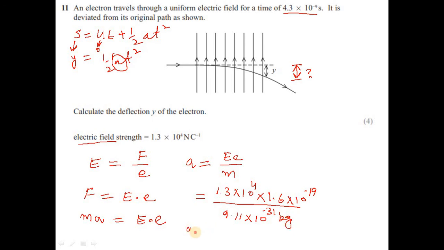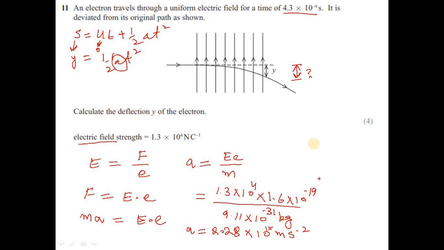And now you can have your acceleration, which is around 2.3, or more accurately 2.28, × 10^15 meter per second squared. This is your acceleration.